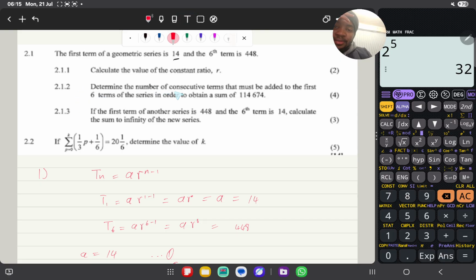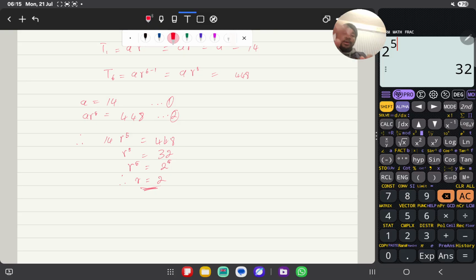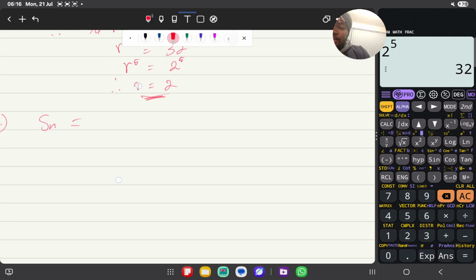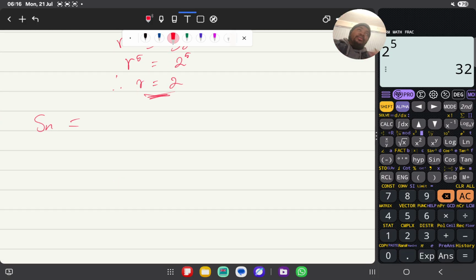Then determine the number of consecutive terms that must be added to the first 6 terms of the series in order to obtain the sum of that much. So here it's clear we are talking about Sn.